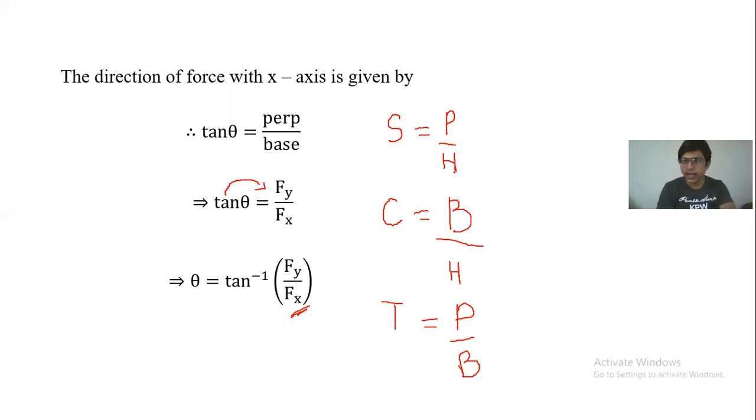Some people have curly brown hair till printed black. Okay, so in this way you can remember these formulas: sine theta is equal to perpendicular upon hypotenuse, cos theta is equal to base upon hypotenuse, and tangent theta is equal to perpendicular upon base, by remembering the sentence: some people have curly brown hair till printed black.